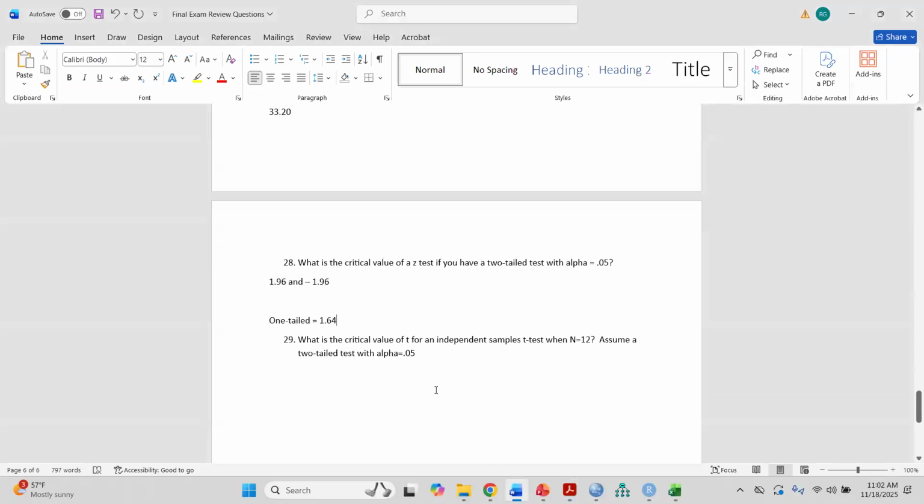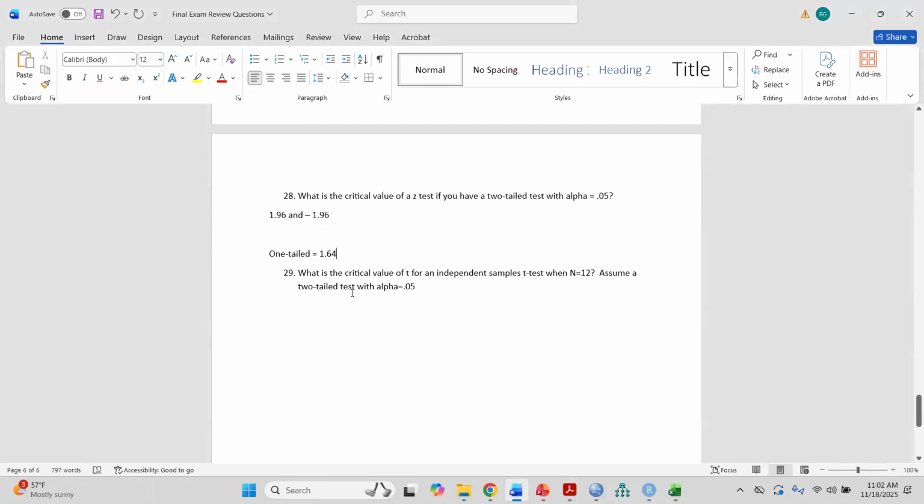Okay, very good. And last question, what is the critical value of t for an independent samples t-test when n equals 12? Well, you have to know how to calculate degrees of freedom for an independent samples t-test. In this case, n minus 2. That's something you should write down. For a one samples t-test or a paired samples t-test, it's n minus 1. For an independent samples t-test, n minus 2.